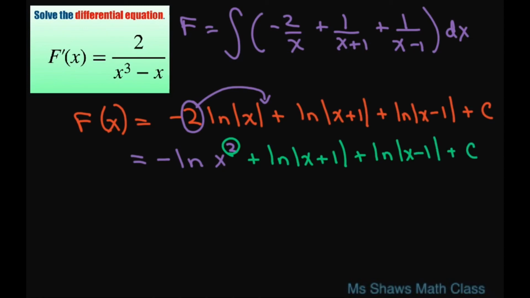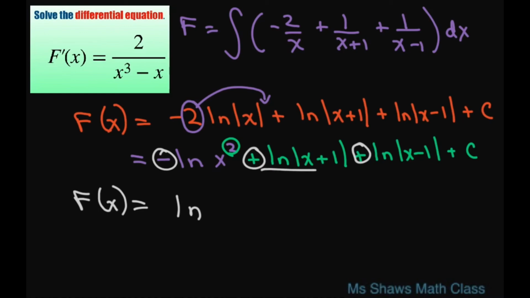All right. And now we're going to condense it to a single log. So my f of x equals ln, natural log. If it has positive, that means they go in the numerator. If it's negative, it means it goes in the denominator. So basically, I can combine these two by multiplying these two.